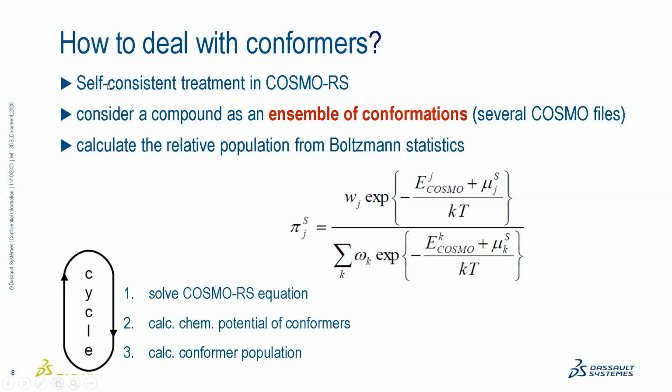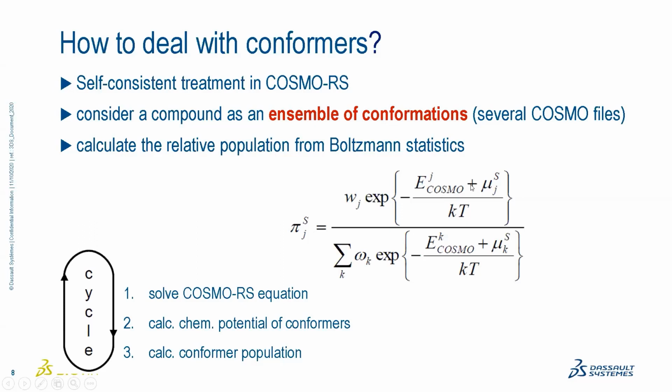And so the population of the conformers in the ensemble will be calculated by the Boltzmann statistics. So that's the formula we can see here. This p_i here is the fraction or the population of the conformer j in the solute S of my whole ensemble of conformers. And you can see here that the free Gibbs energy is in this formula.